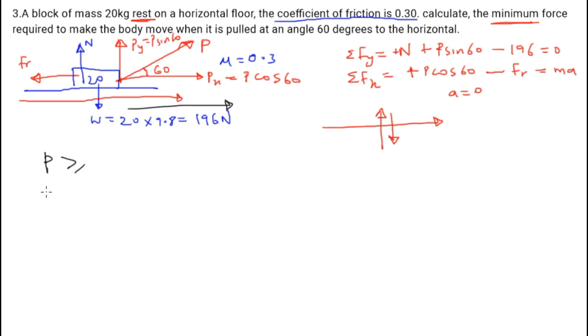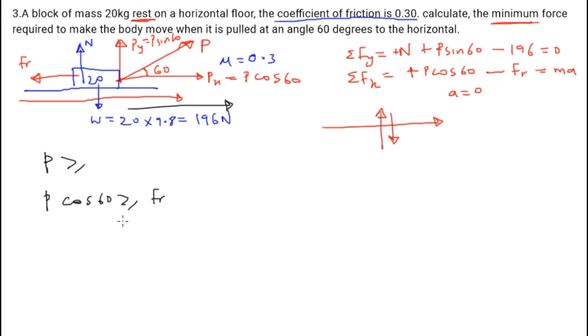You understand? And in this case, the P that we have on the horizontal is P cos 60 degrees. It has to be greater than or equal to Fr. If it is not greater than Fr, it will not be able to move the object. If it is equal to Fr, that means it is ready to set the object in motion.